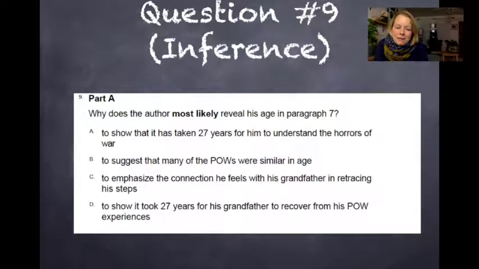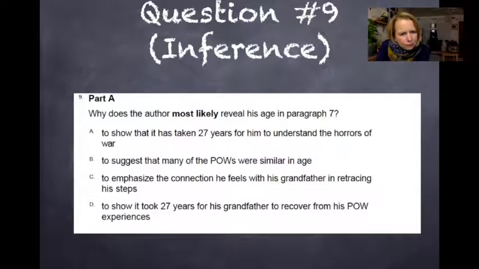So that would emphasize the connection he feels. He is the same age as his grandfather was. He's there in freedom talking about it 60 years after, while his grandfather was the same age but had a totally different experience at that time. So I like that answer.